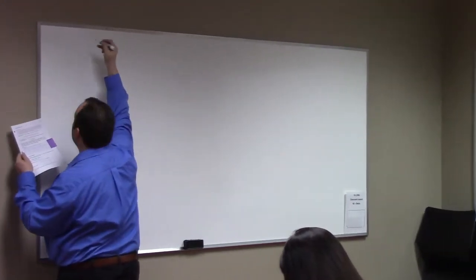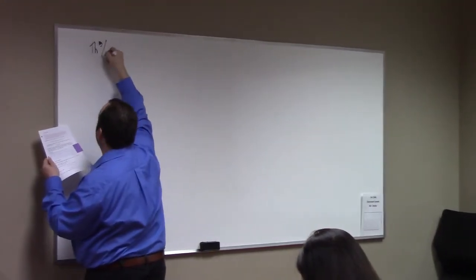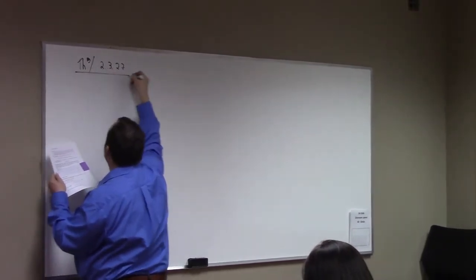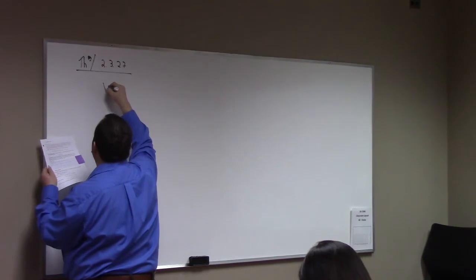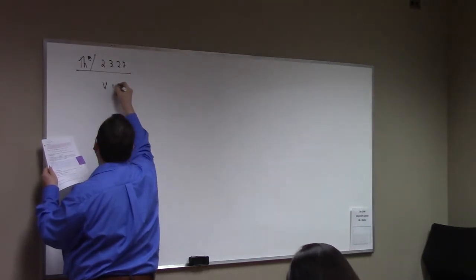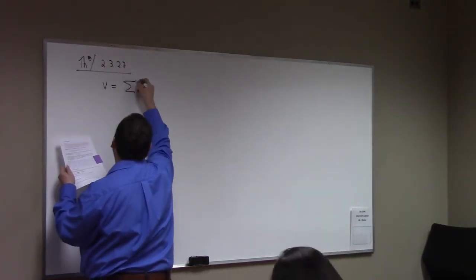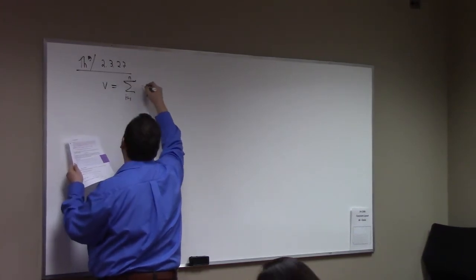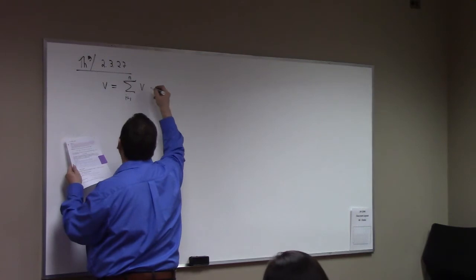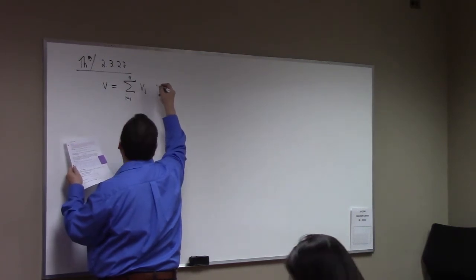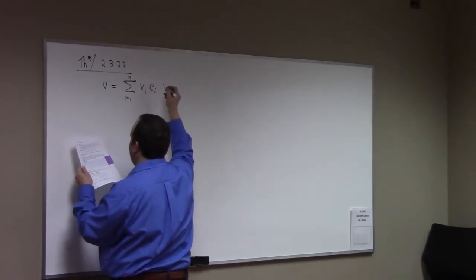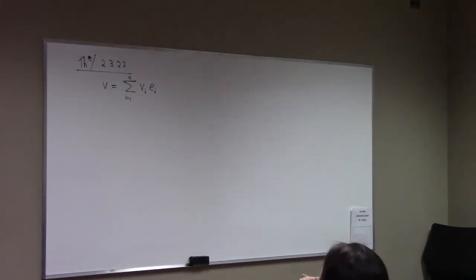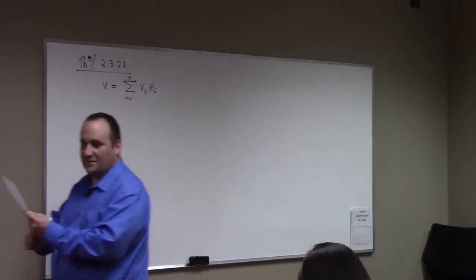So this is theorem 2.3.27. Some of these we did last time. For example, you can write v as the sum i equals 1 to n of v sub i, e sub i. Oh no, there's a typo. Well, note to self, fix that.